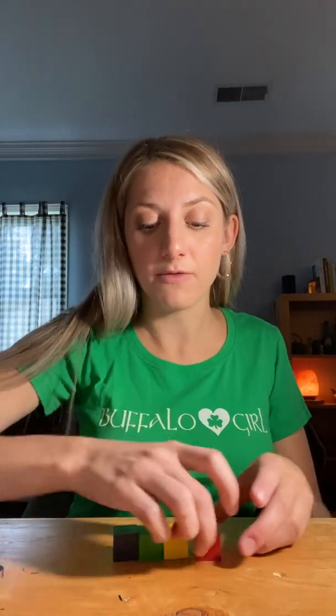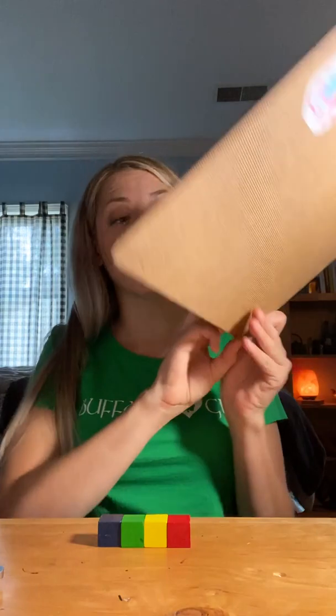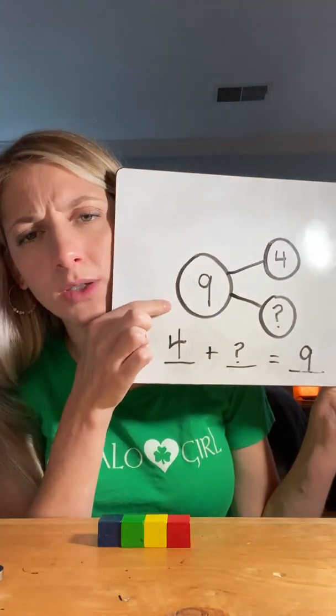So what's our part? 4. 1, 2, 3, 4. This is what I have to start. I have to get up to the whole. What's the whole? 9. Okay, so let's see. 4, 5, 6, 7, 8, 9.